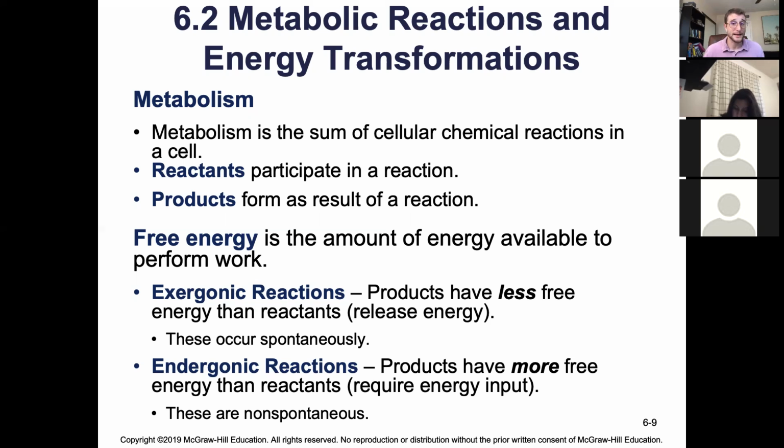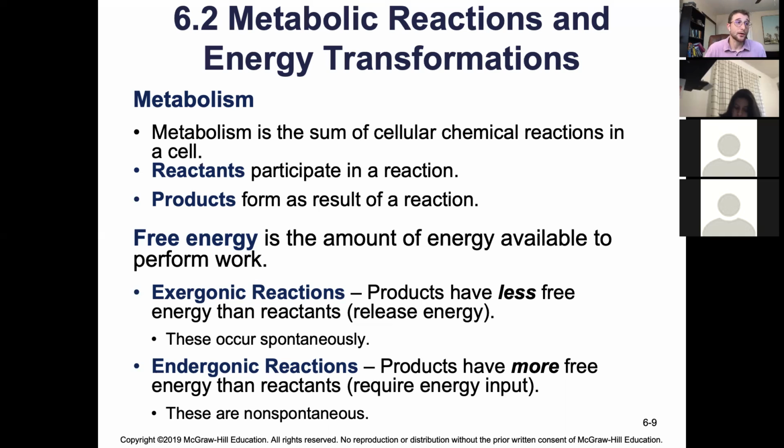These reactions will occur spontaneously, similar to things moving along their concentration gradient. It's going to move in this direction without the input of any energy.